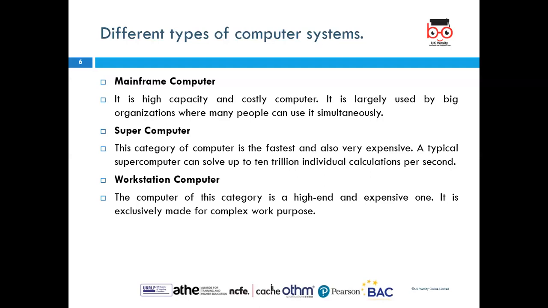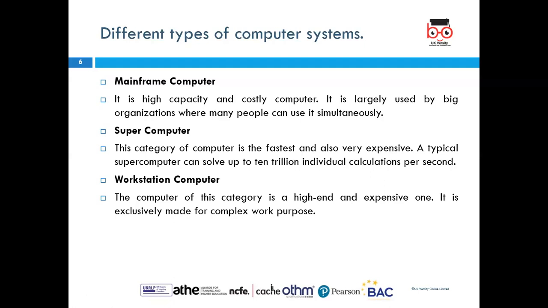Then we have mainframe computers, which are used as remote servers. They have high capacity because they store loads of information that are shared across different users. So these are used in massive enterprises such as IBM, Amazon, or Google, or these big companies.